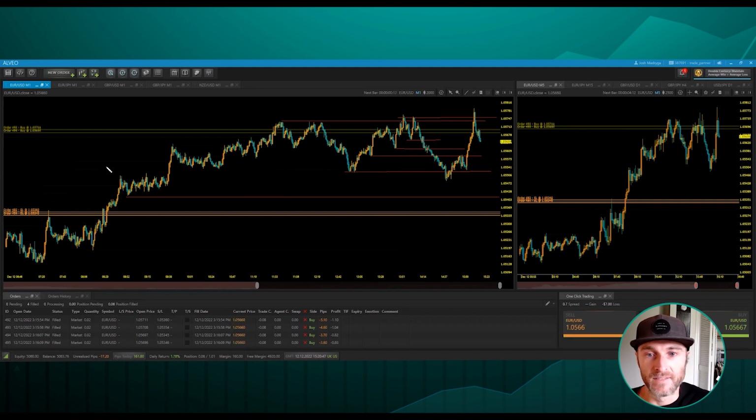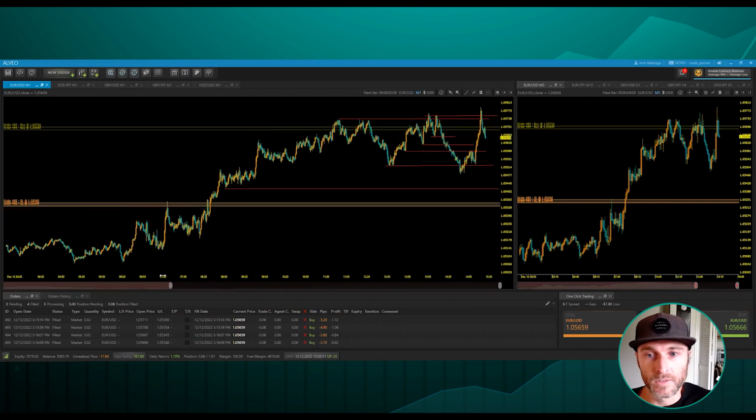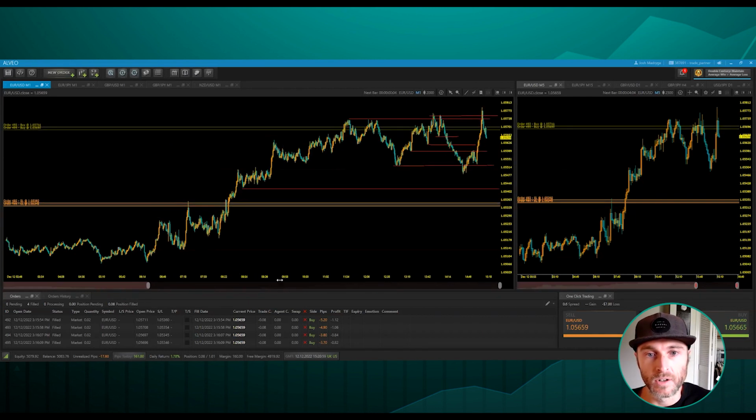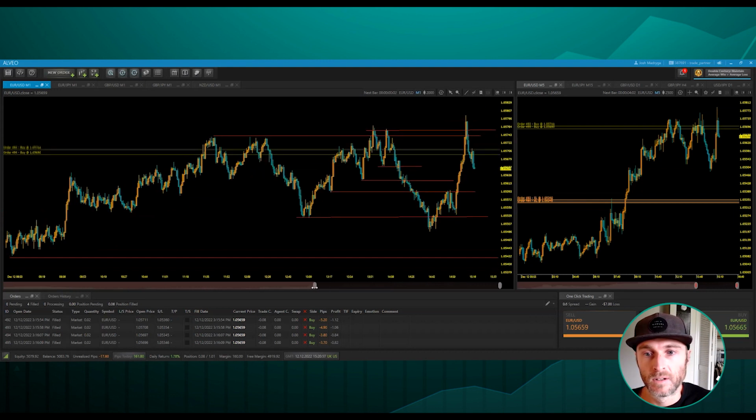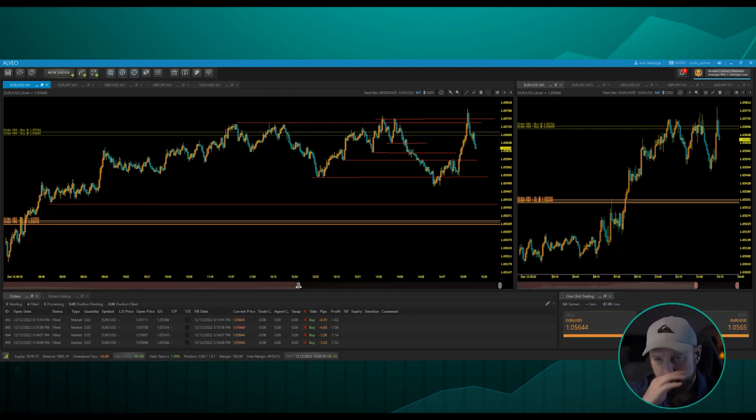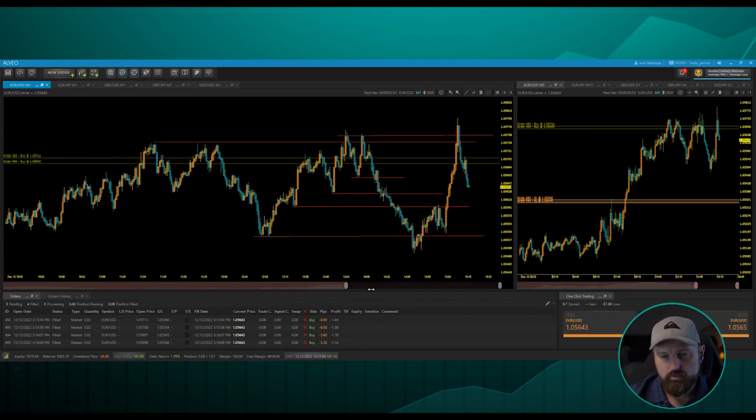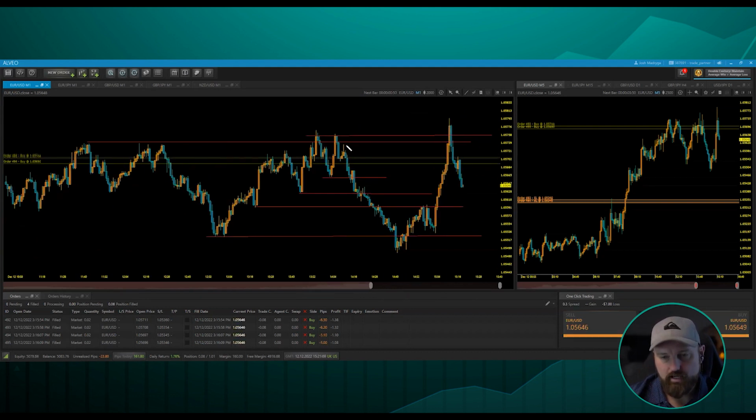Now I got 7. Should I just be going really far back to get 20? So one of the things I don't want you to do is only look for the majors. Is there one inside of these moves?